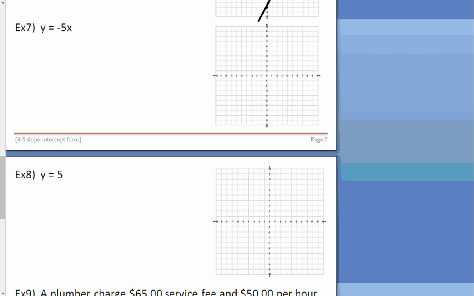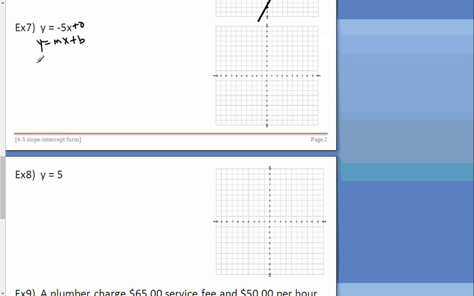And this one I gave it to you not because it's hard, but because it's different. All right, remember that we want it to look like y equals mx plus b. So what's missing here? Well, there's nothing here. There's no plus number. So if I was to put a number here, what would it have to be? Well, hopefully by now it's pretty obvious it has to be 0, right? This goes through the origin.